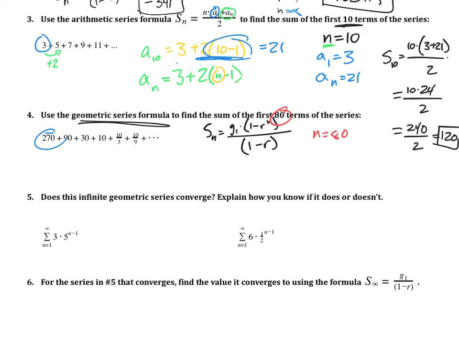This G1 is 270. And then this is a little bit tricky, but I need to find the r. And so 270 times the r would give you 90. And so if we solve for r, we can divide both sides by 270. And we get r equals 1/3. And so r is 1/3.